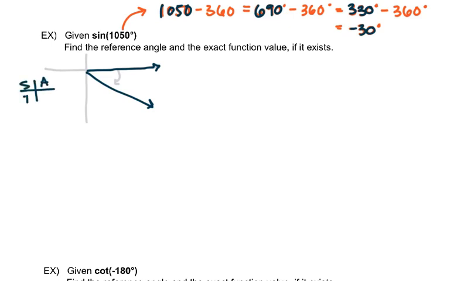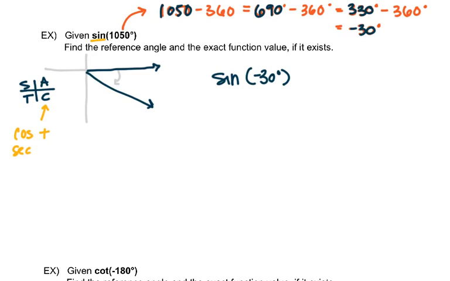All students take calculus. Which function is going to be positive in quadrant 4? Cosine is positive. Also, its reciprocal function, secant, is positive. We're dealing with sine, so that lets me know my answer has got to be negative. So this is the same as finding sine of negative 30 degrees.